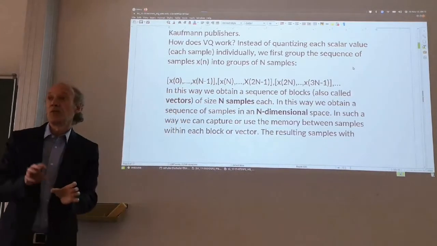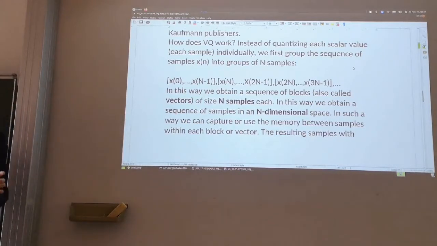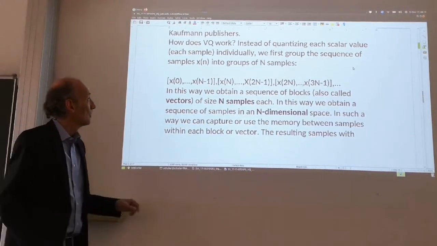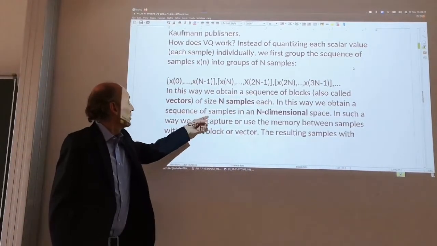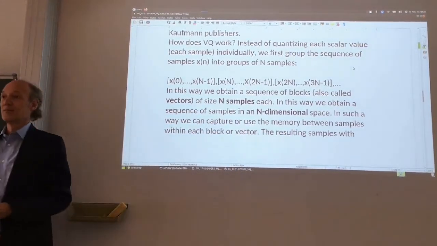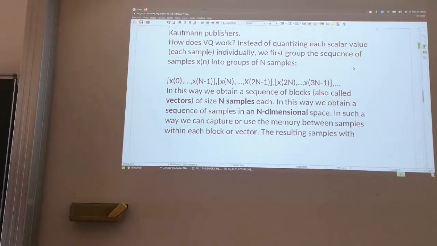So you have a sequence of blocks or sequence of vectors, n-dimensional vectors. So in this way, we obtain a sequence of samples in an n-dimensional space. So imagine we have 3 samples, then we want to have a point in 3-dimensional space for each of those vectors.